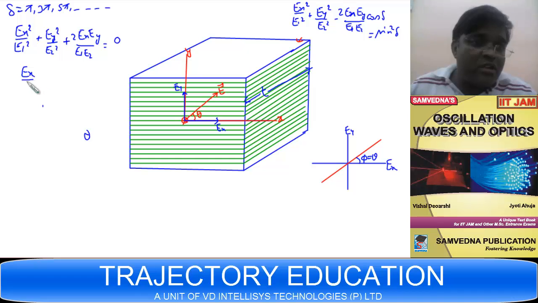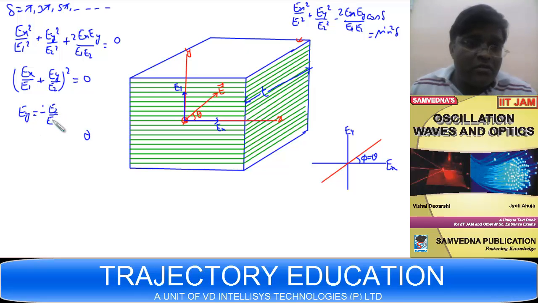So that is equal to Ex by E1 and Ey by E2 squared is 0, or we can write Ey equals E2 by E1 into Ex. Ey by E2 is E2 by E1 into Ex, right?